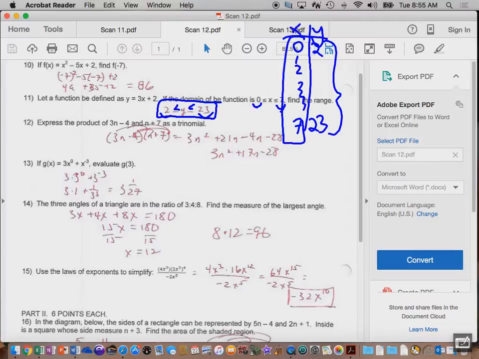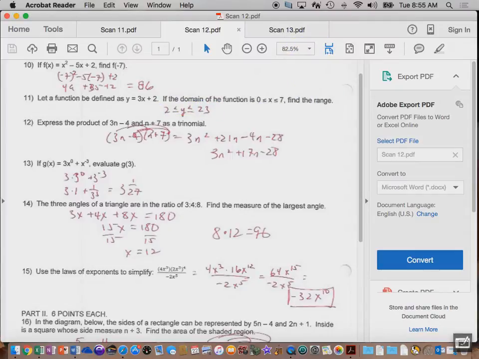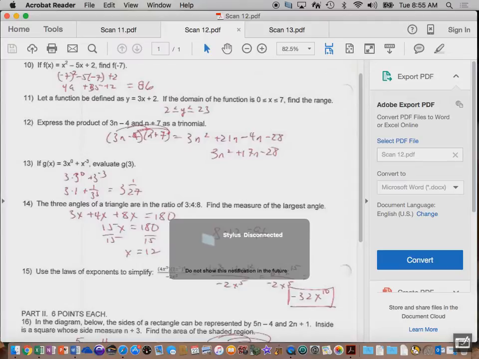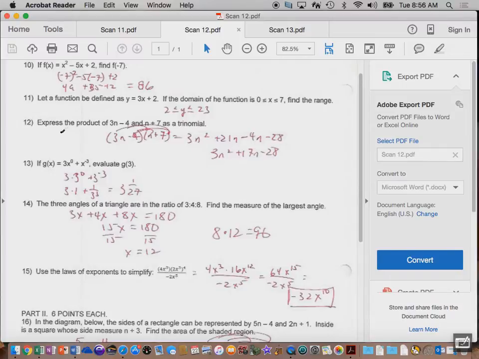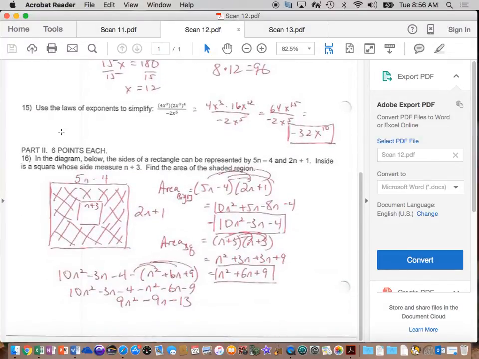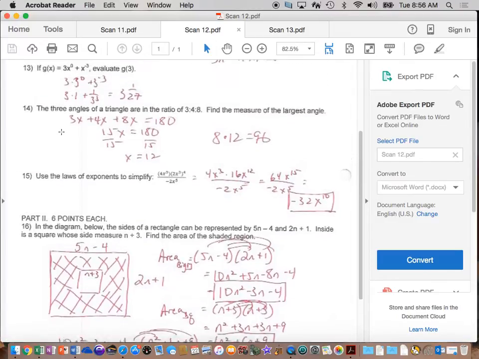Okay, let me scroll down a little bit more on this particular page. Okay, I gotta go back a little bit.